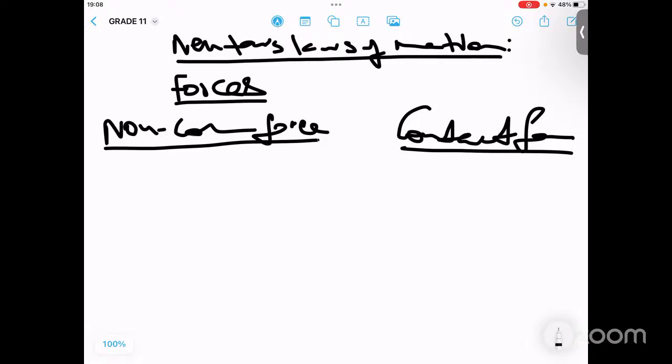I will still share with you this information when the time is right. If I'm not sharing it with you at this point in time, it's possibly because it is not necessarily where I need your attention to be. So at this stage, I'm not that much interested in you fully knowing the definition of a non-contact force.